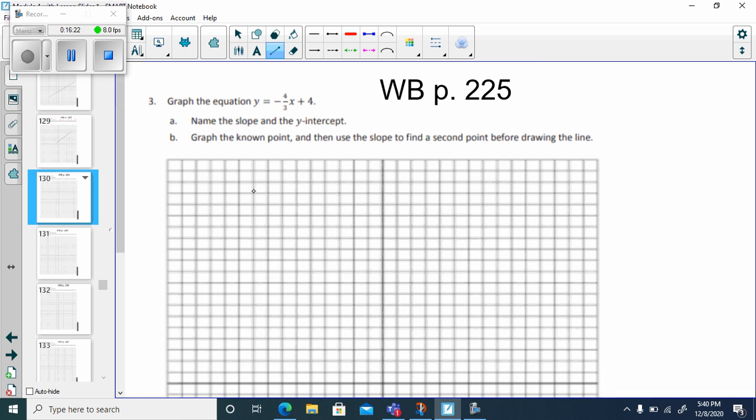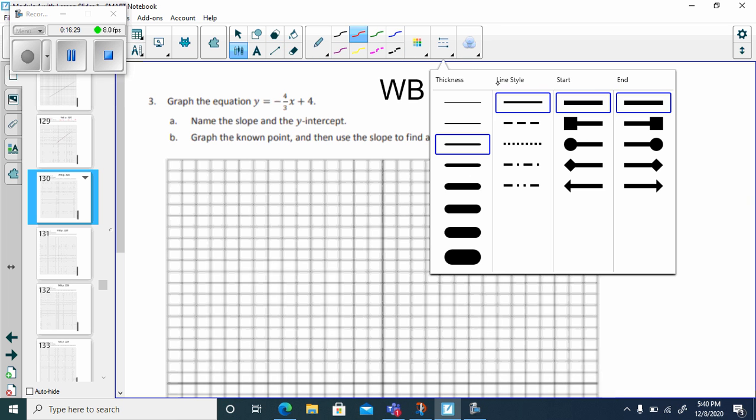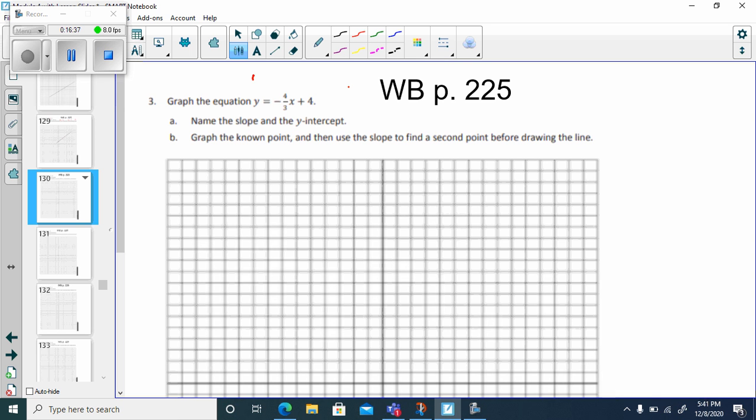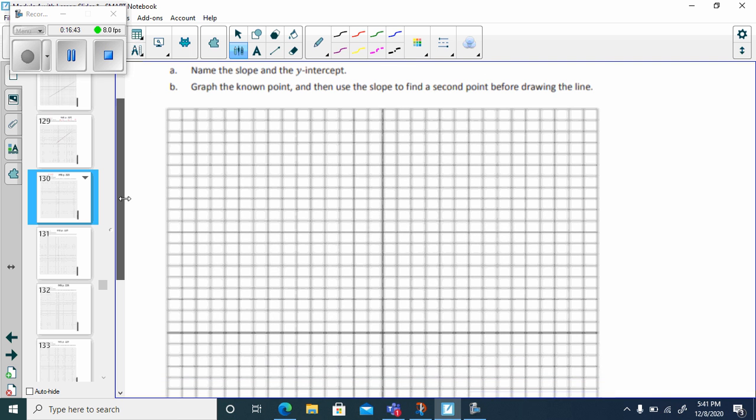And on this one, graph the equation y is equal to negative 4/3 x plus 4. This is y is equal to mx plus b. My b is 4. Okay, so that's where we're going to start.